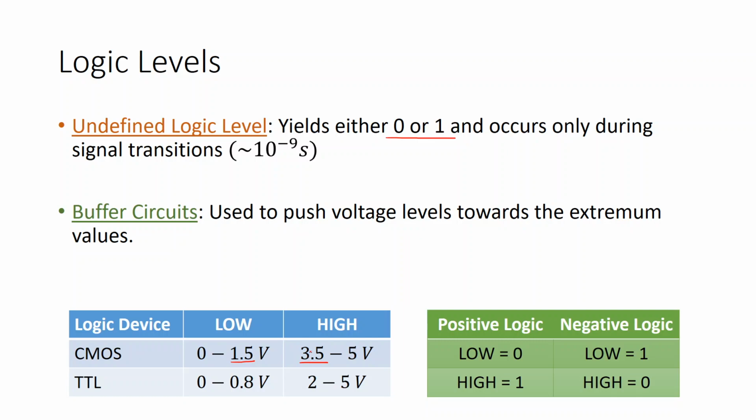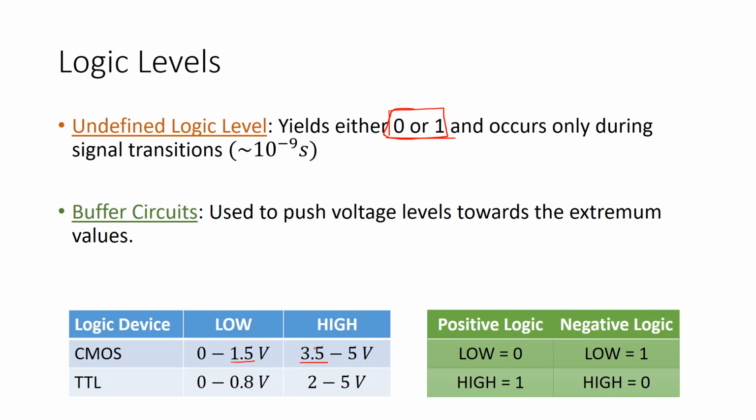Since the analog voltage can keep on varying, it can happen that 3.6 suddenly becomes 3.4, and then you are confused whether it is high or low, because when it is between 1.5 and 3.5, it can be 0 or it can be 1, and you don't know what to actually take. For those reasons, we actually build buffer circuits.